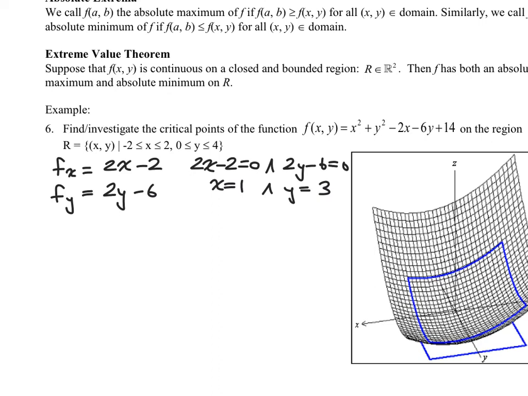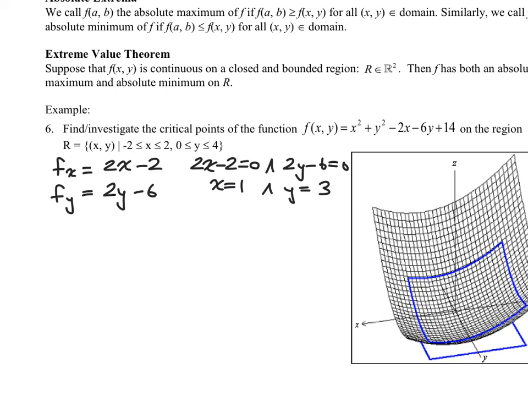All right, so the first thing I'm going to do with this information is verify that the x of 1 and the y of 3 fall in the restricted domain that was given to me. All right, because it's telling me that my x's have to be between -2 and 2, and my y's have to be between 0 and 4. A good kind of trick question would be, you know, if I gave you a domain where the y values go from 0 to 2, that would make this critical point irrelevant. All right, so just be mindful of that.